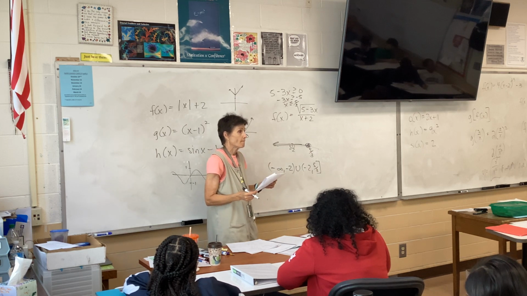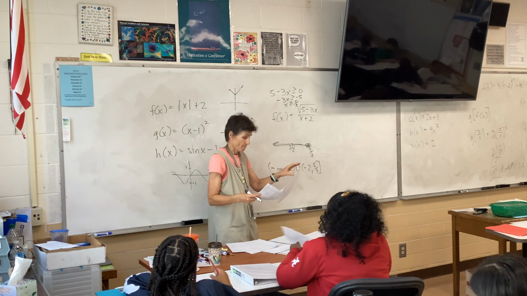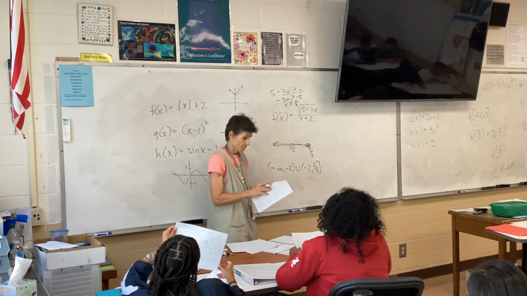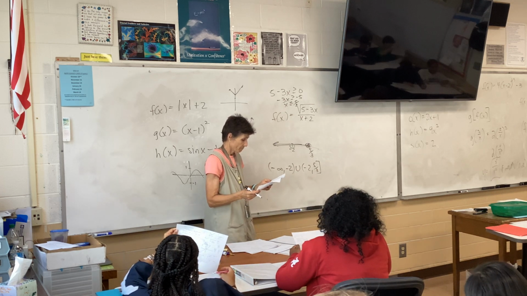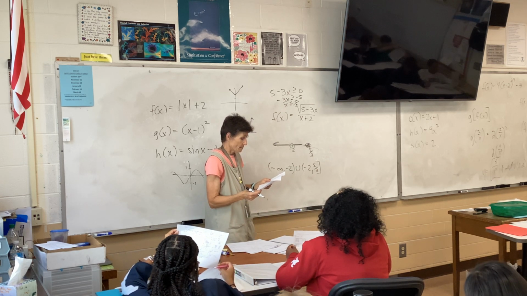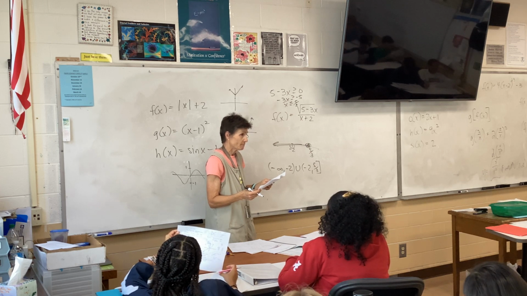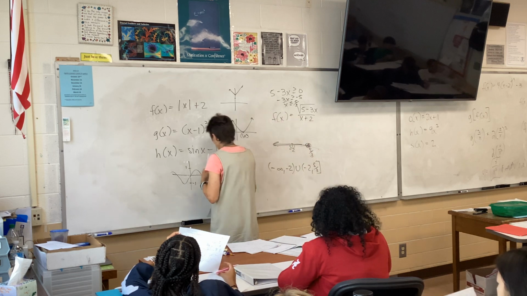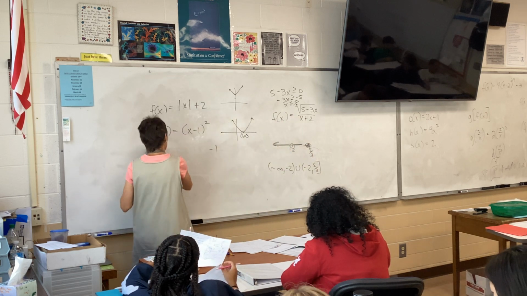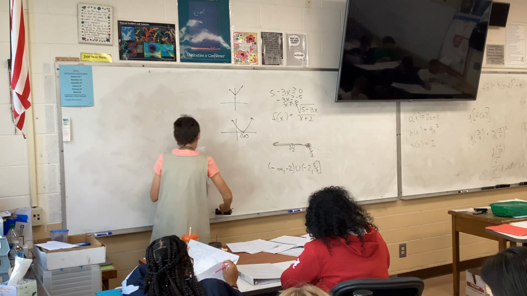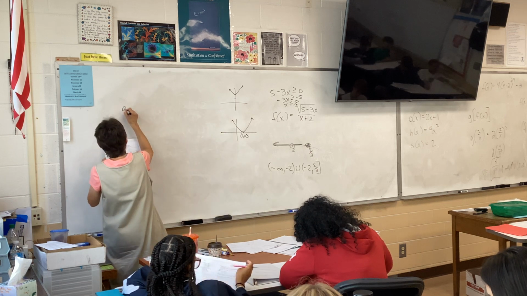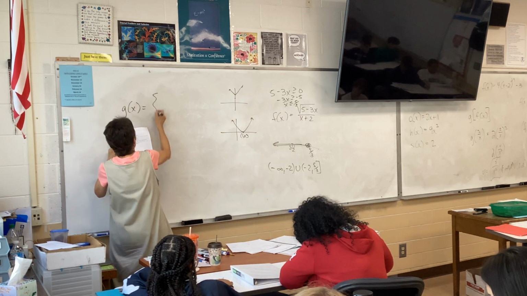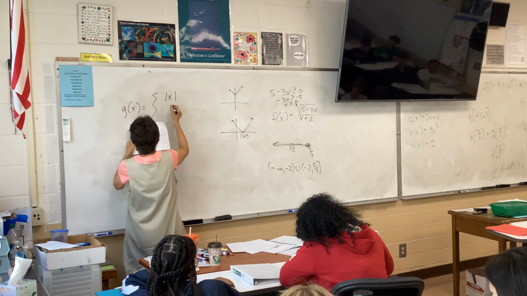Okay, Nate? On the back page of the review thing, can you do 3B or just 3 in general? Were we graphing? Yeah. B's fine. All right, so this is a piecewise function. I'm going to graph a piecewise function.